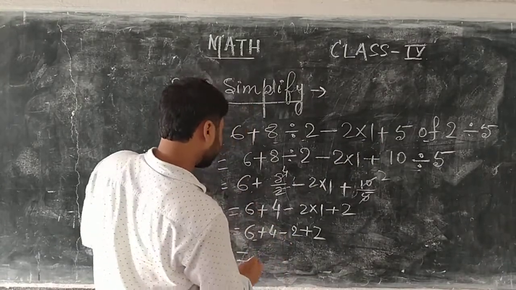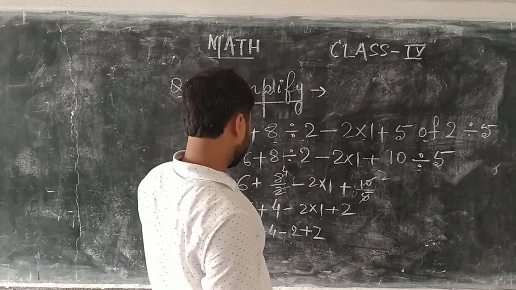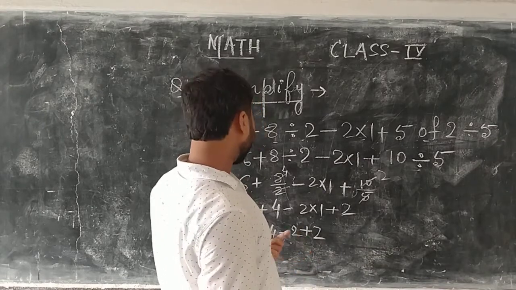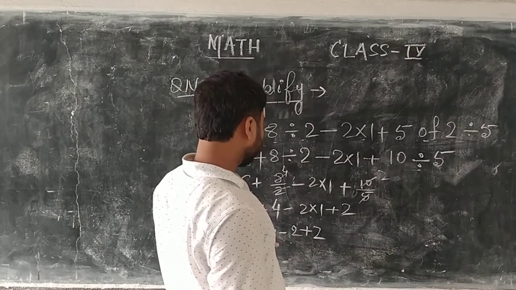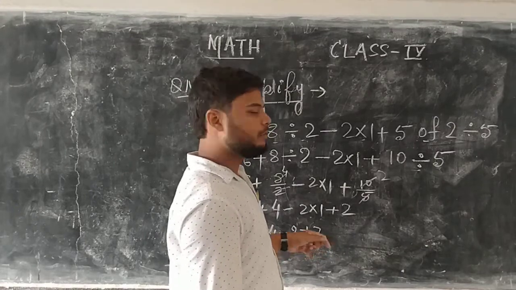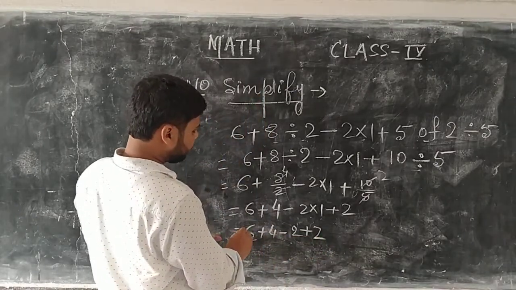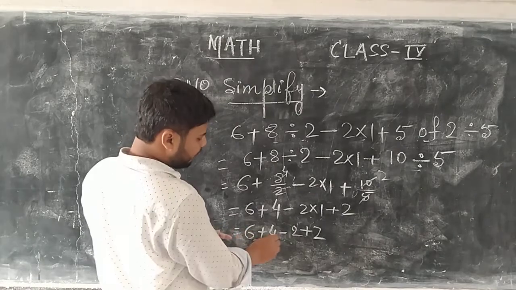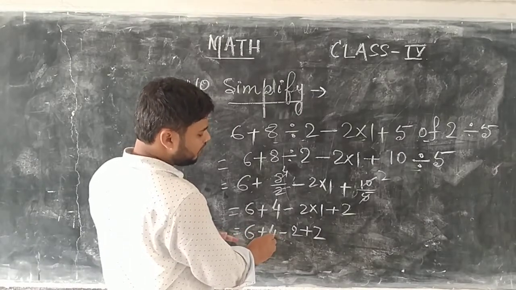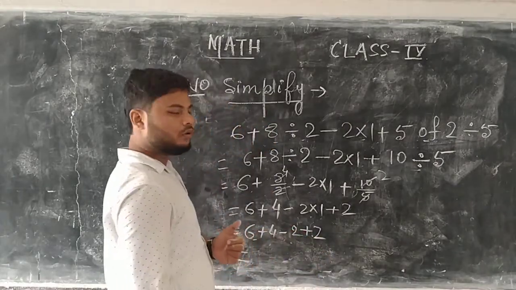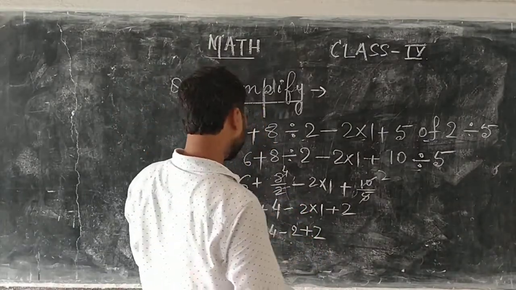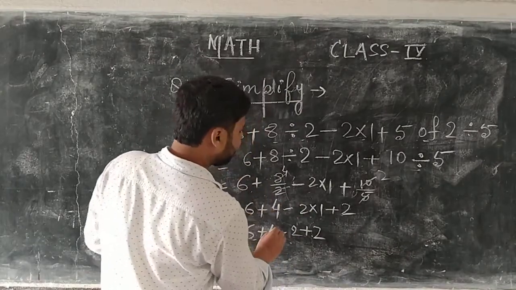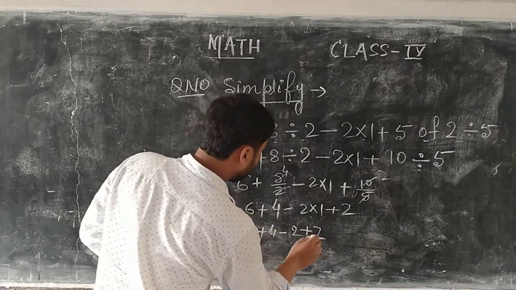Here look at this symbol, this plus 6, plus 4 and plus 2. We will add all the numbers which have a plus symbol. In front of 6, the plus symbol is not written but understood. Here in front of 4 also plus is written, in front of 2 also plus symbol. It means we will add all the plus digits. 6 plus 4 is 10, 10 plus 2 is 12.